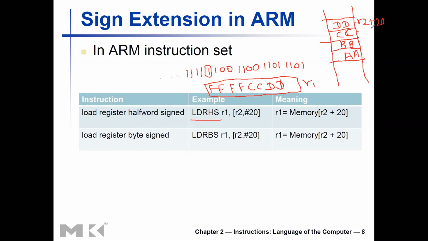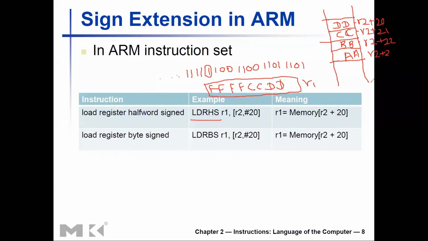So if it is just LDR, you will start with R2 plus 20, but you will be loading a full word from memory instead of just the byte located at R2 plus 20. So this of course is going to be R2 plus 21, and this location is R2 plus 22, R2 plus 23. So these are going to be like that.